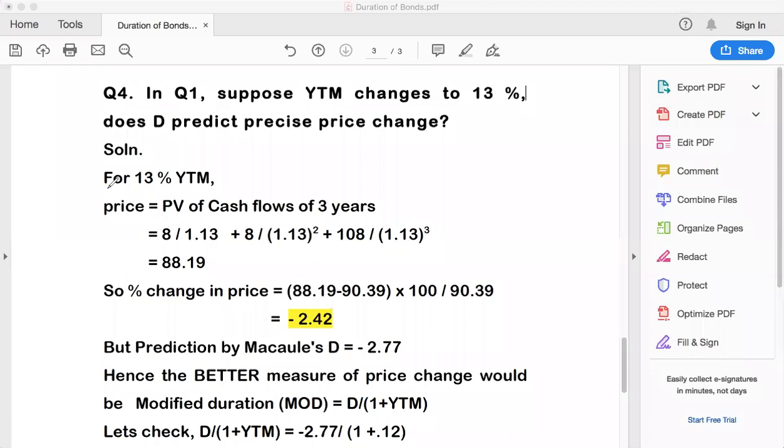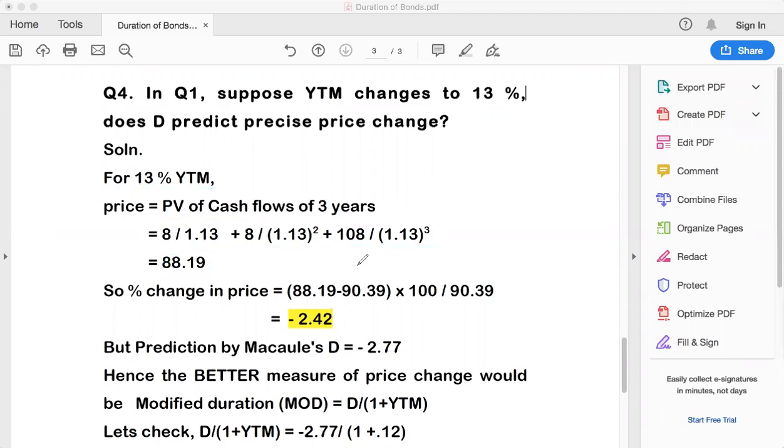So when the YTM becomes 13%, the price will become the present value of cash flows for the 3 years, which is pretty simple to find. The first coupon payment divided by the discount rate, second coupon payment divided by the square of the discount rate, third terminal plus coupon payment discounted at 13% for 3 years, and all this gives you the fair value today of this particular bond. Fine.